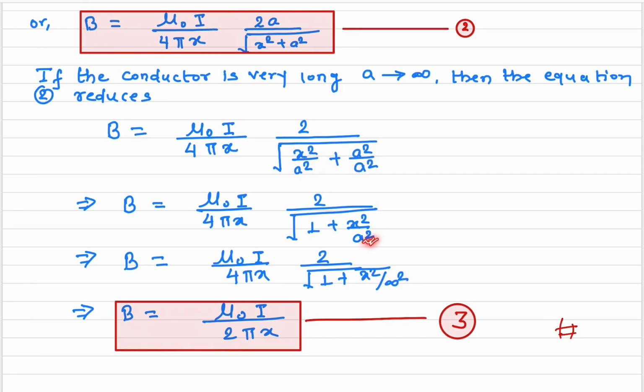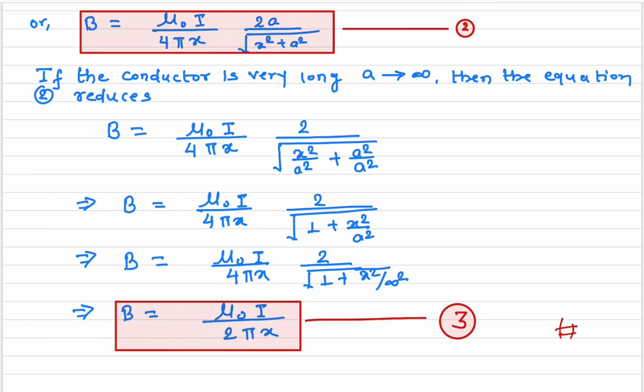And if a goes to infinity, then this term will be 0. So this entire term will simply be 2. And then 2 over 4 pi gives 1 over 2 pi. So this is now further simplified to this equation here.